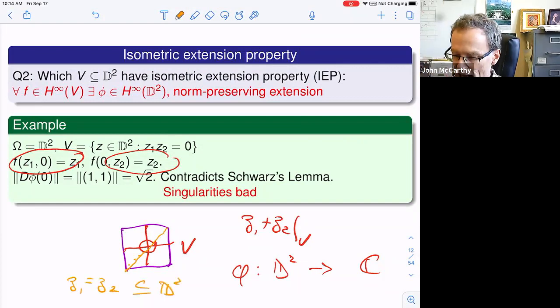I forced it to be a holomorphic function on this disk that sends 0 to 0, and whose derivative at the origin is the square root of 2, which just contradicts the one variable Schwarz lemma. So singularities in V are bad.